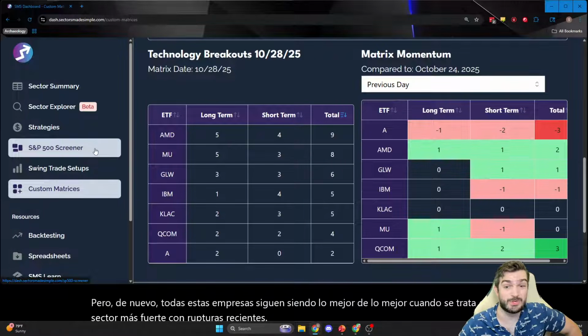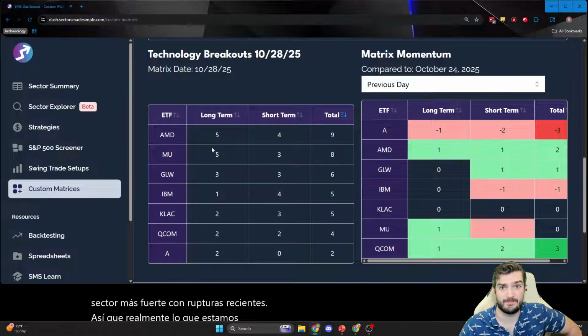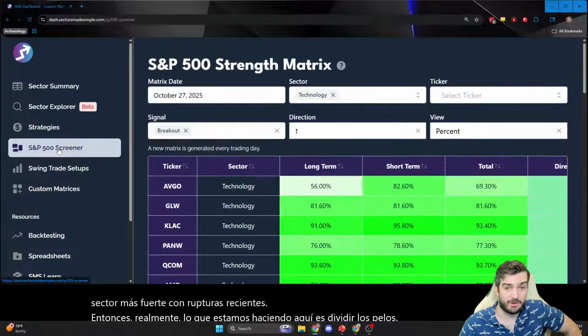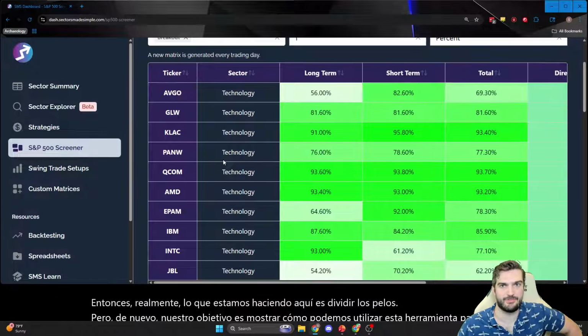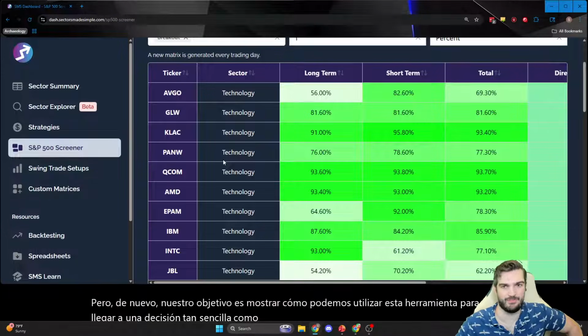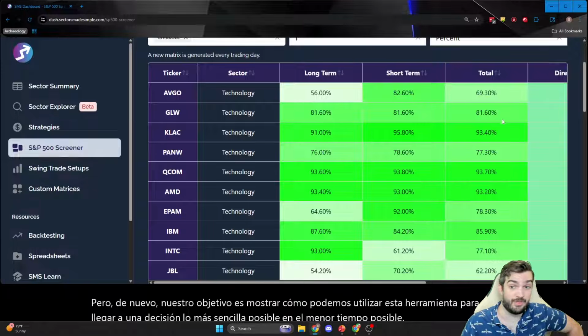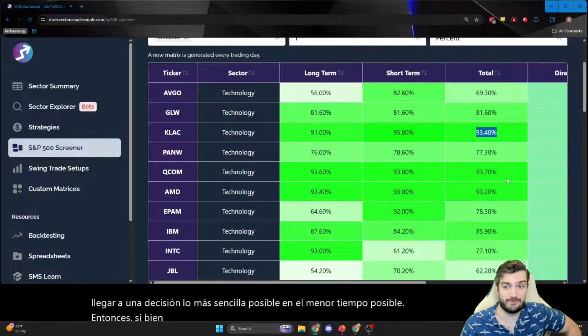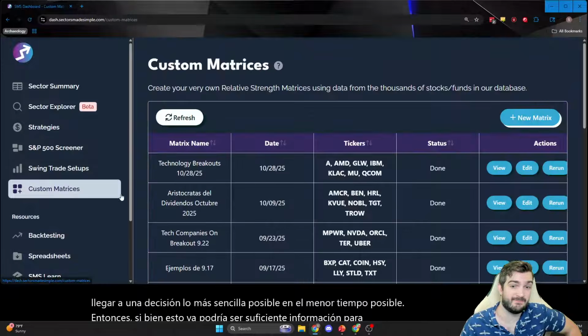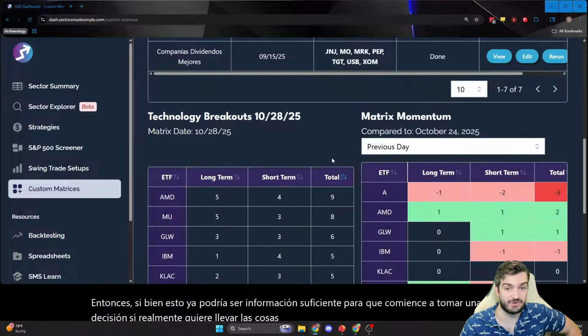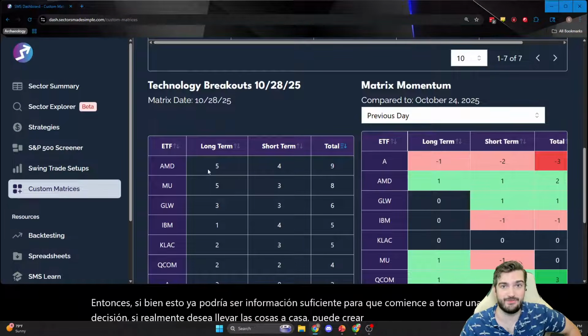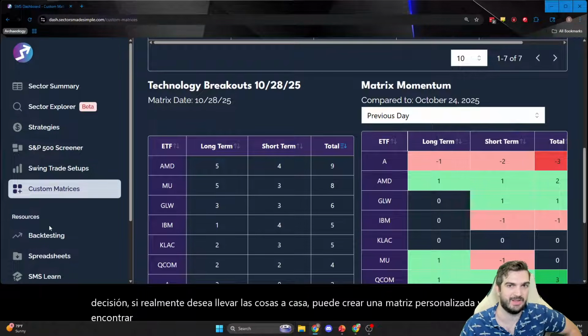So really what we're doing here is splitting hairs. But again, our goal is to show how we can use this tool to come to as simple of a decision as possible in as little time as possible. So while this could be already enough information for you to start making a decision, if you really want to drive things home, you can go create a custom matrix and find the relative strength leader from that short list of leaders as well.